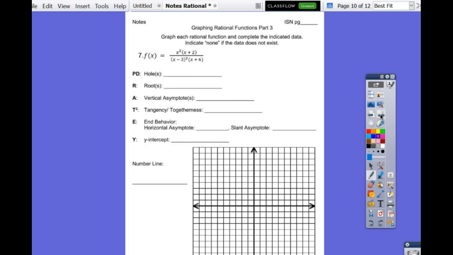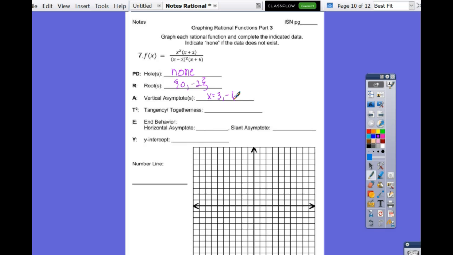So, does anything cancel? No. So no holes. The roots come from the top. So what are my roots? 0 and -2. The vertical asymptotes are 3 and -6.